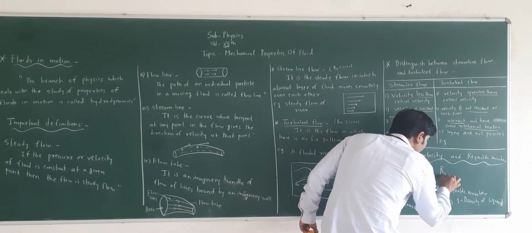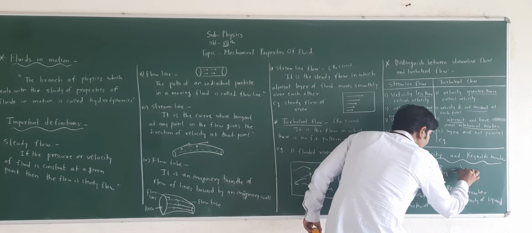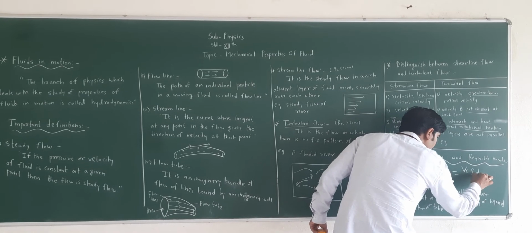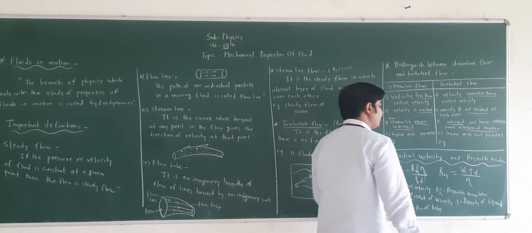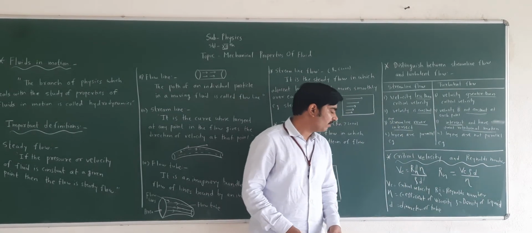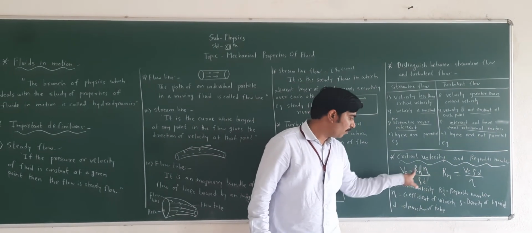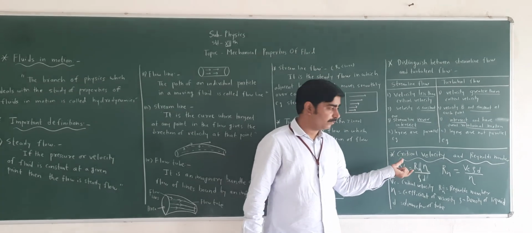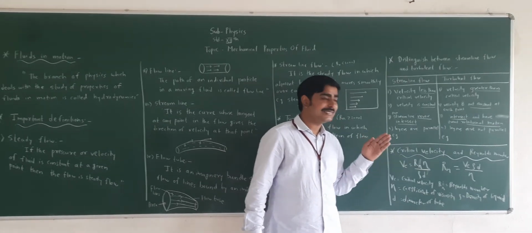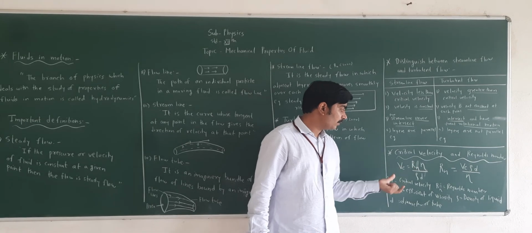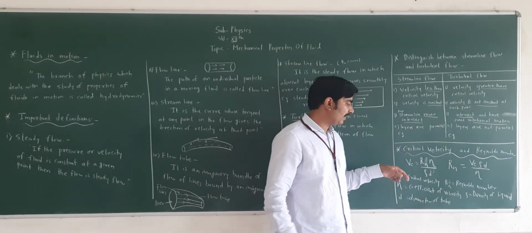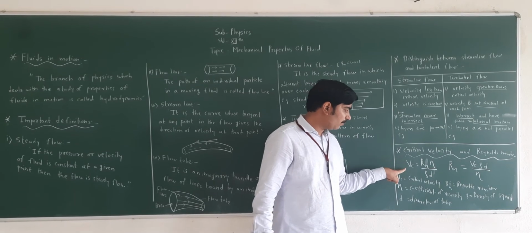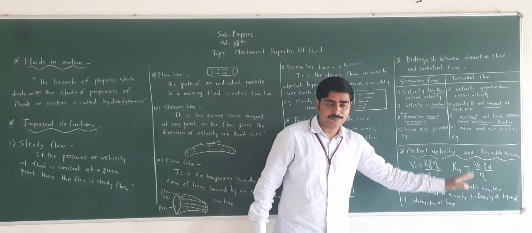Rn, the Reynolds number, is equal to Vc rho into d upon eta. So this is the formula regarding the Reynolds number. We have created this formula from the critical velocity formula. So friends, the derivations are not given, only equations are there. So from one formula we have derived the second formula.